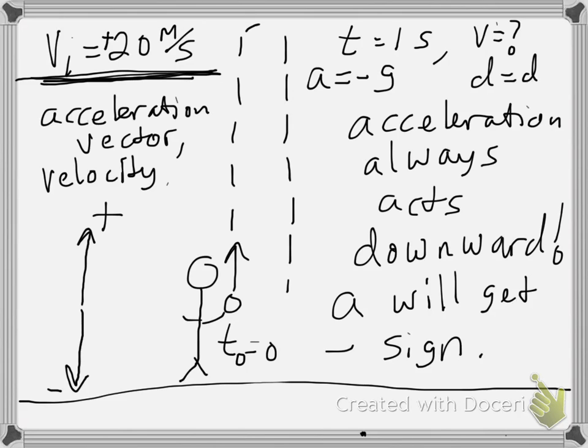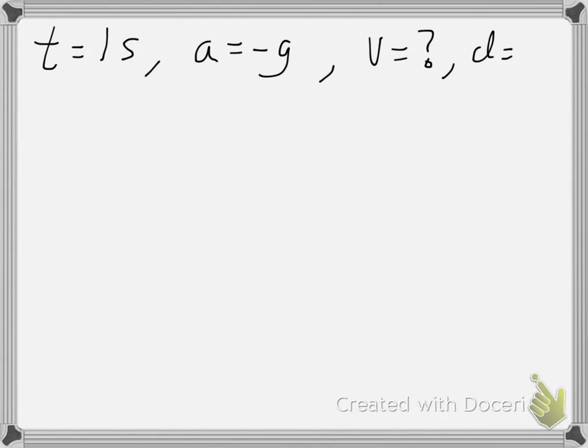Alright, so with these tools and this knowledge, we can now start to compute what's going to happen at each step of the way during this object's flight. So at t equals 1 second, we know that our acceleration is going to be negative g, and we want to know the velocity and the distance.